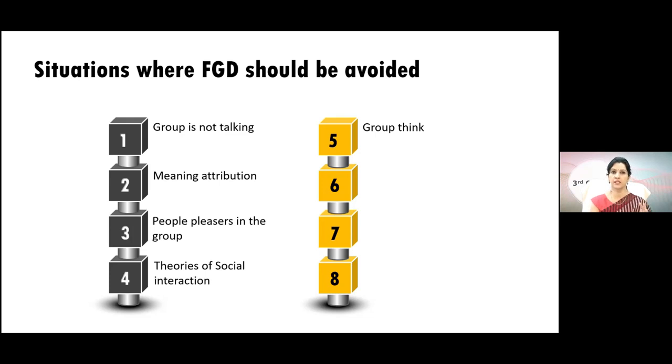And the theories of social interaction say that individual responsibility is much less when people are in a group. If you talk to one person, the entire onus is on that individual, so he will take responsibility to respond. But in a group, only a few people dominate, because others think that even if we are not speaking, nothing is going to happen. So FGD is not a very good way of data collection if that social interaction is not there.